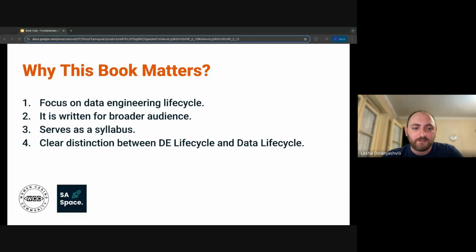And finally, why I love this book is that it gives us a clear distinction between the data lifecycle, which covers the broad lifecycle of data for its entire existence, and the data engineering lifecycle, which is the subset of the data lifecycle and comprises stages that data engineers directly control.